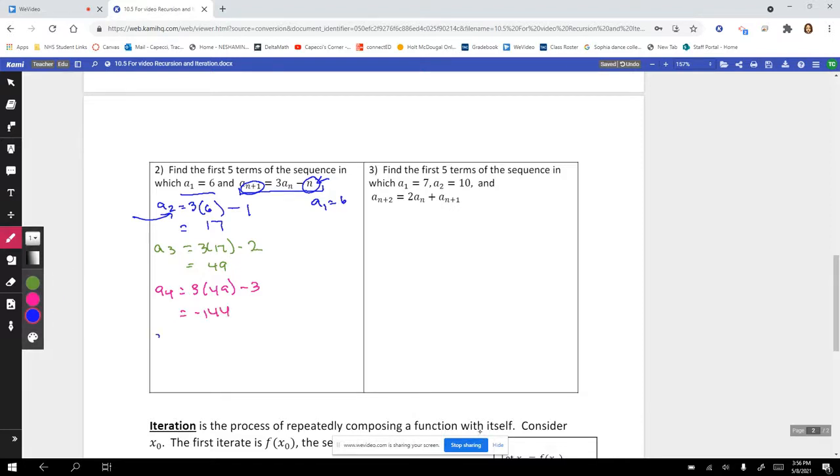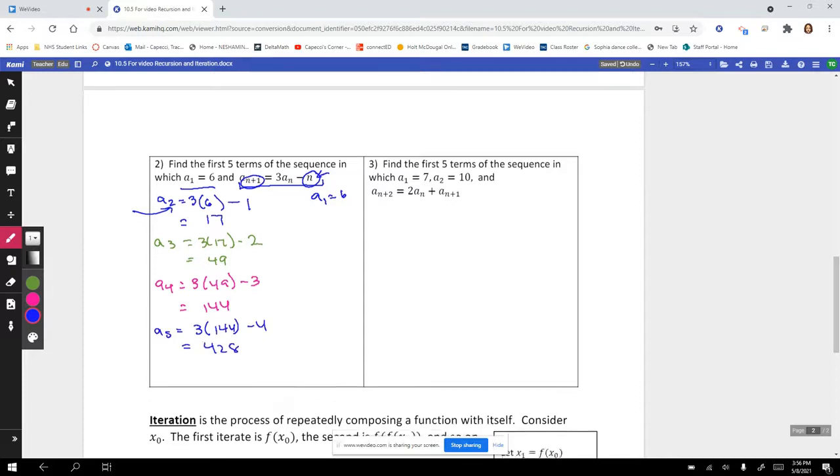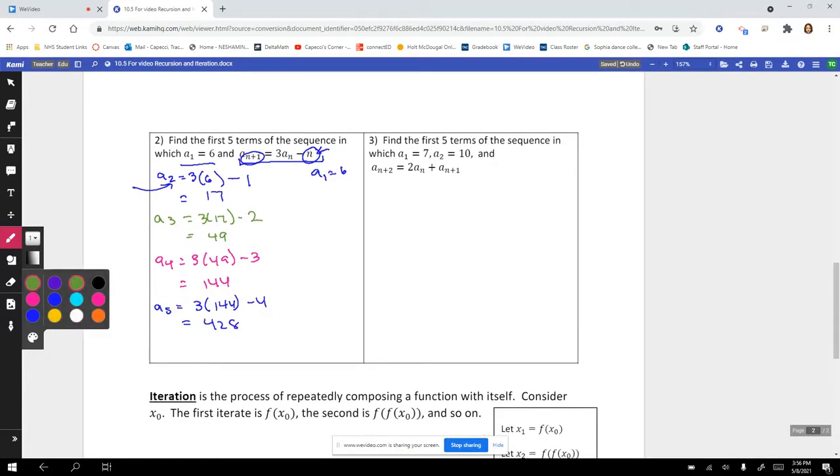And our last value, a sub 5, is going to be equal to 3 times 144. Sorry, that's not supposed to be negative, just a positive 144. 3 times 144 minus 4, which gives us 428. Okay, so our first 5 terms are going to be 6, 17, 49, 144, and 428.